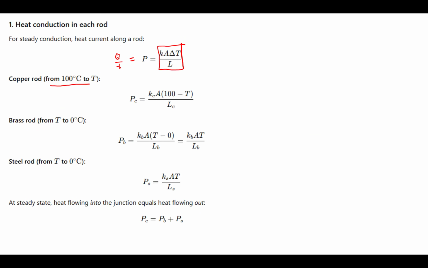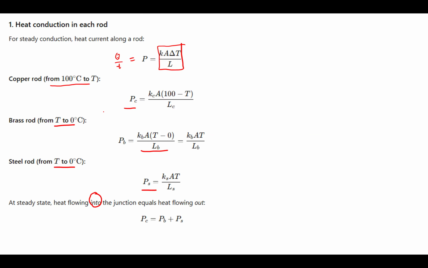So for the copper, heat conduction is given by this one. From T to 0 degrees C, brass rod, where the brass is given by this one. Steel is given by this one. Okay. And at a steady state, heat flow into the junction equals heat flow out.